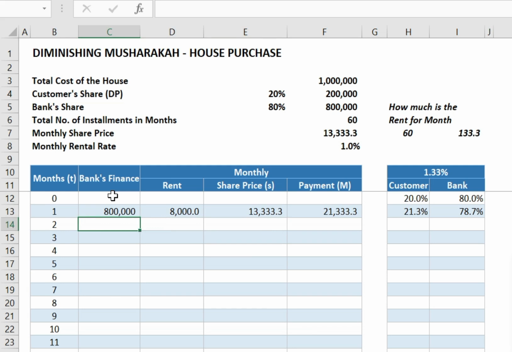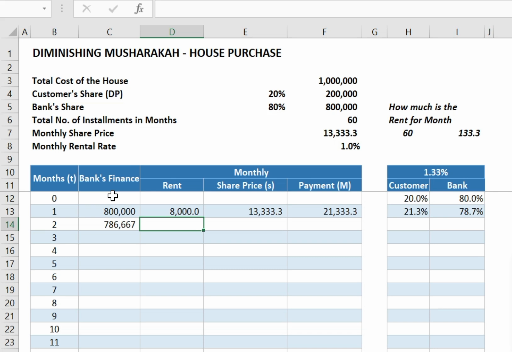And in month number 2, of course, the bank's finance will change due to the acquisition of 1.33% by the customer. So that is 800,000 minus the monthly share price of 13,333.3.